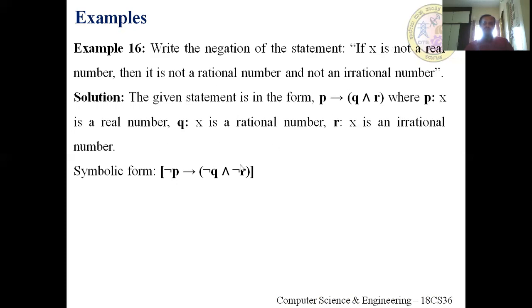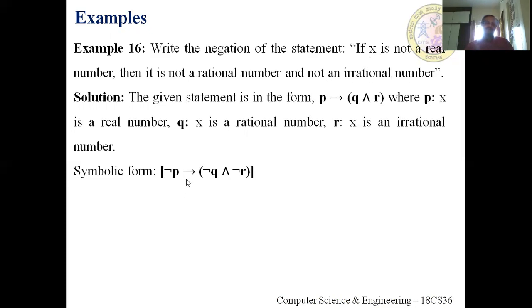Negation of P is X is not a real number. Negation of Q is X is not a rational number. Negation of R is X is not an irrational number. The question goes like this: if X is not a real number, then X is not a rational number and X is not an irrational number.